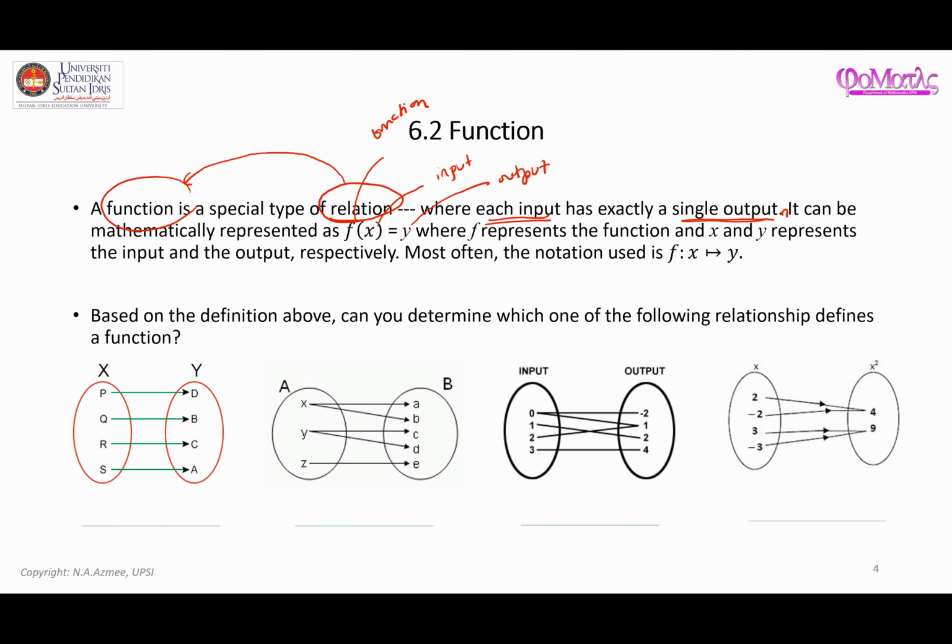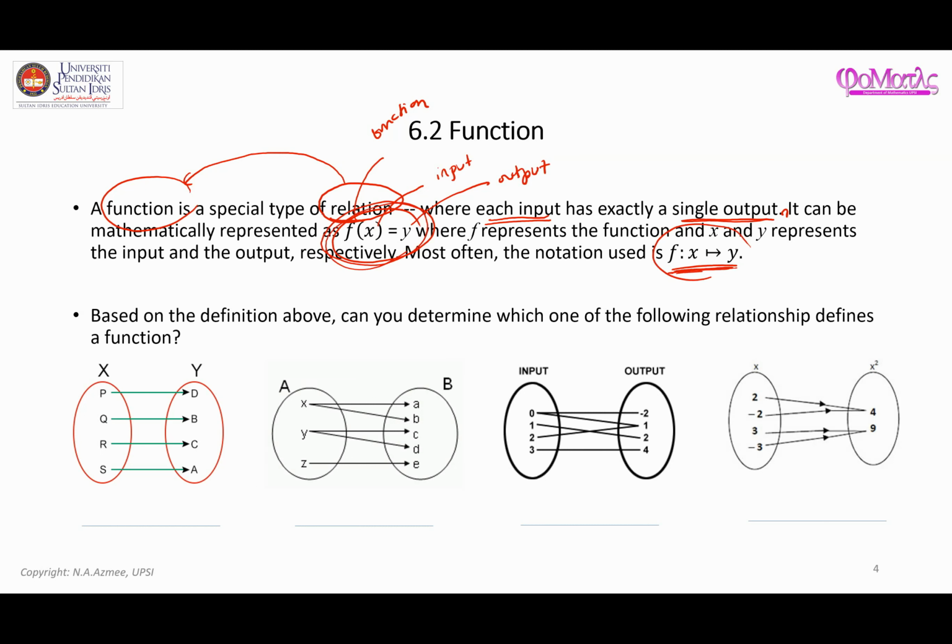Sometimes you will see that the notation used to represent a function is in this manner, but throughout the course you will see that I mostly use this notation to represent a function. Nevertheless, this is something that you should also be familiar with, so I introduce it here to you guys. So this is another notation for function.